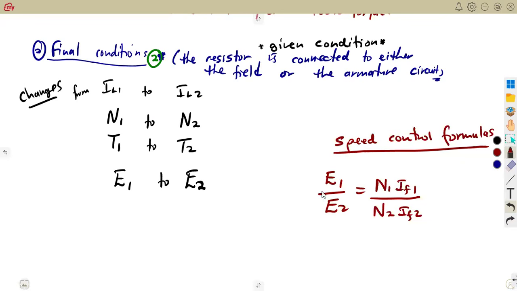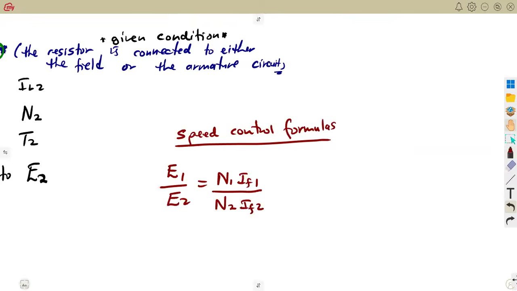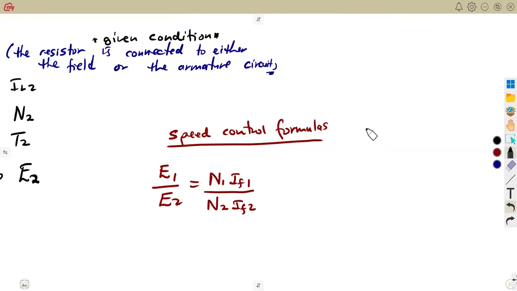Remember, this is what we had. Assuming that the flux, which is our useful flux, is proportional to the field current. So in actual sense, this formula was supposed to be written with the useful flux. It was supposed to be N1, useful flux 1, N2, useful flux 2, like this.